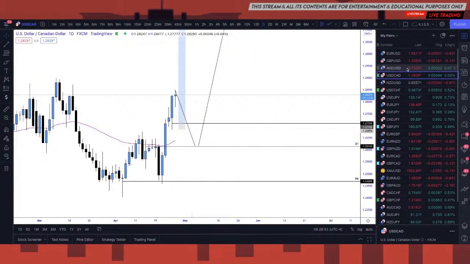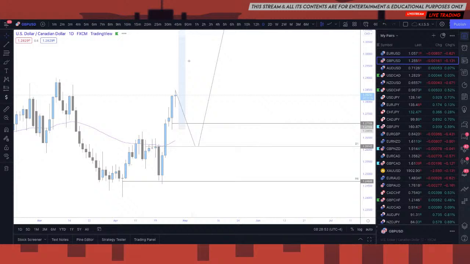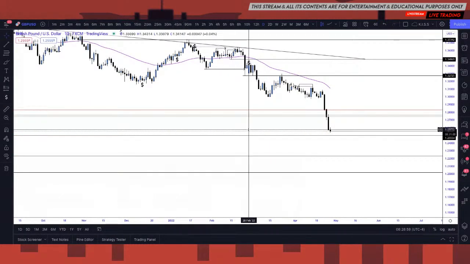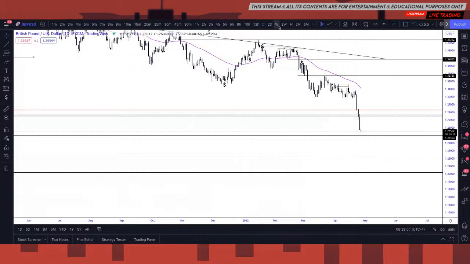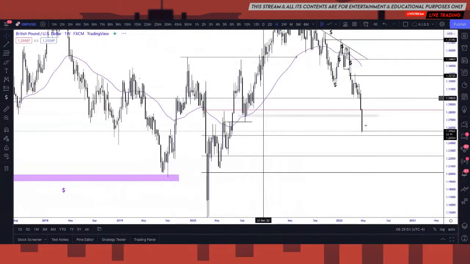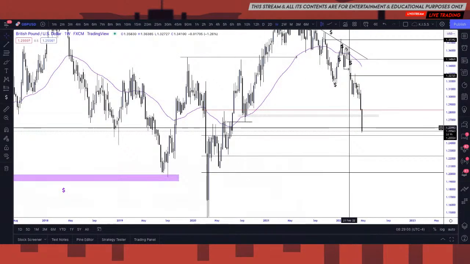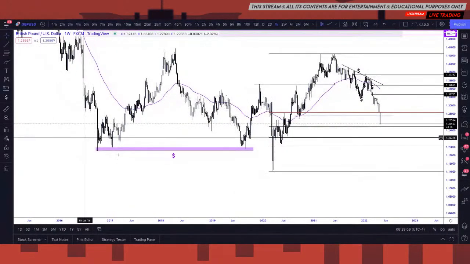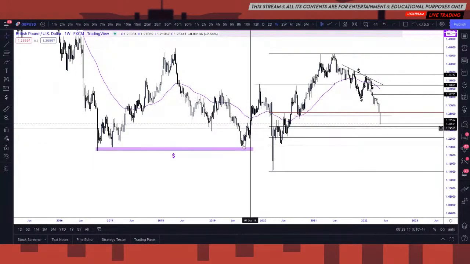Let's see. GU is an interesting one, guys. This thing has obviously melted off the face of the earth. And you remember we talked about this on our last call. Weekly time frame, equal lows. Obviously, we engineered liquidity here.